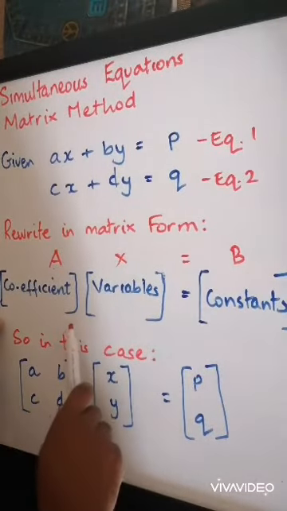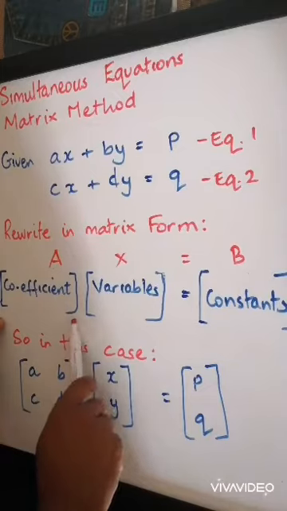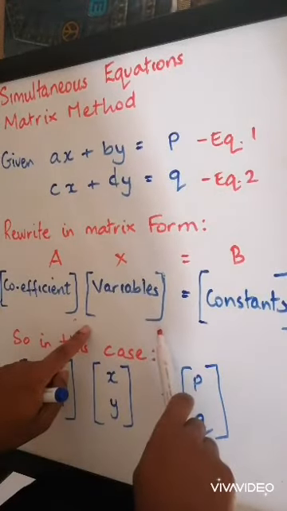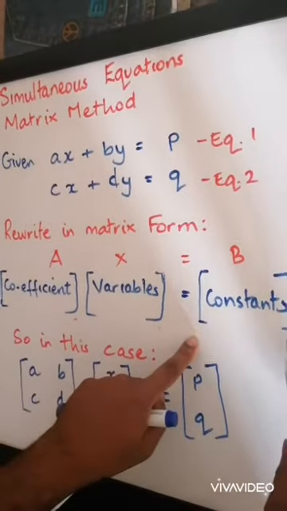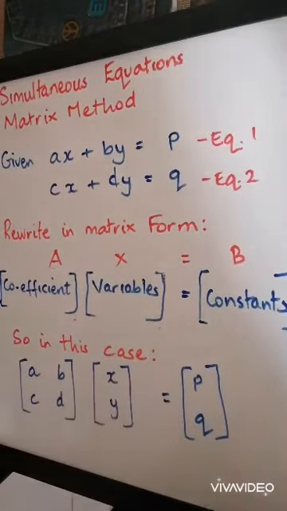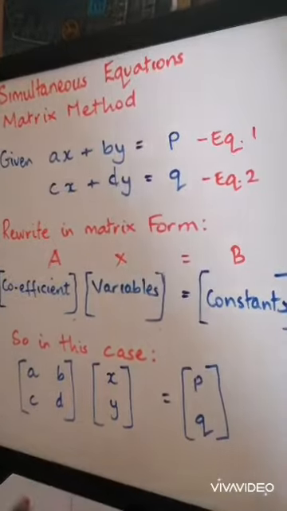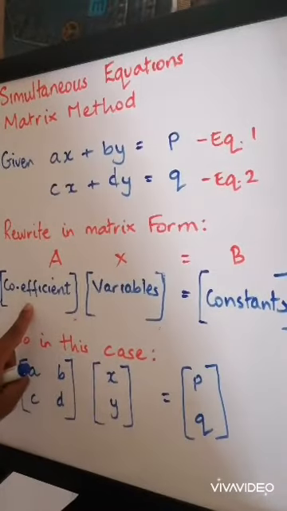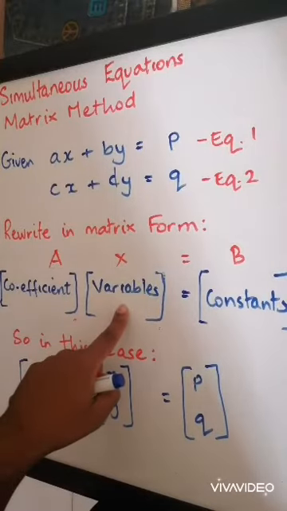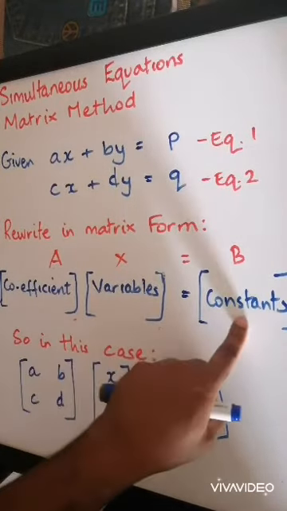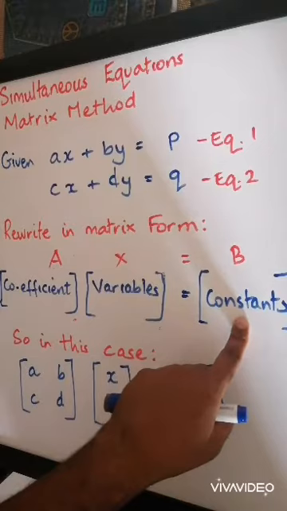A will represent a matrix of the coefficients, X will represent a matrix of the variables, and B will represent a matrix of the constants. And from algebra, we learned that a coefficient is the number before the variable. The variables are the letters that stand alone, and the constants are the numbers that have no variables with them, so they're just numbers.